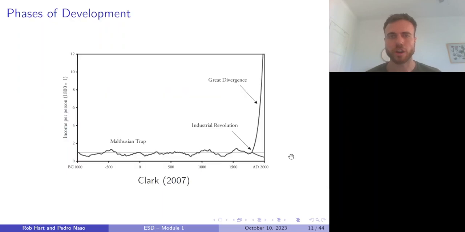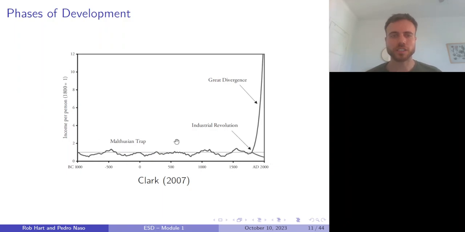So there was a divergence between countries: the richest countries, Western countries, European countries like Sweden, the UK, and the US, got very rich after the Industrial Revolution, and some sub-Saharan countries got poorer than before. And this is because of what we talked about, the way property rights were organized.